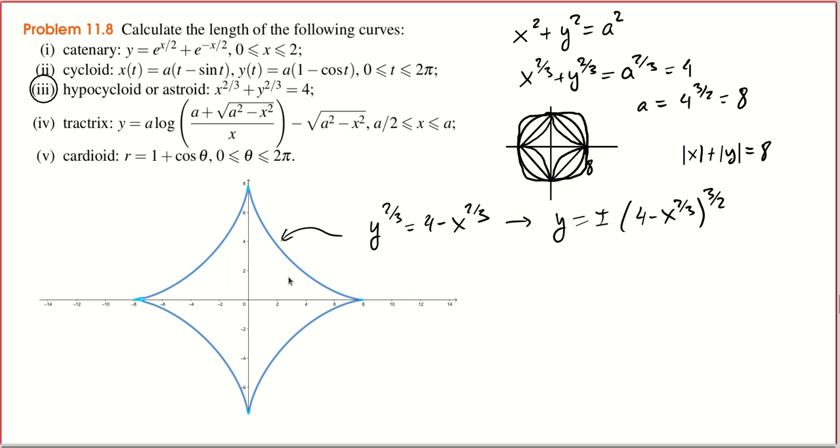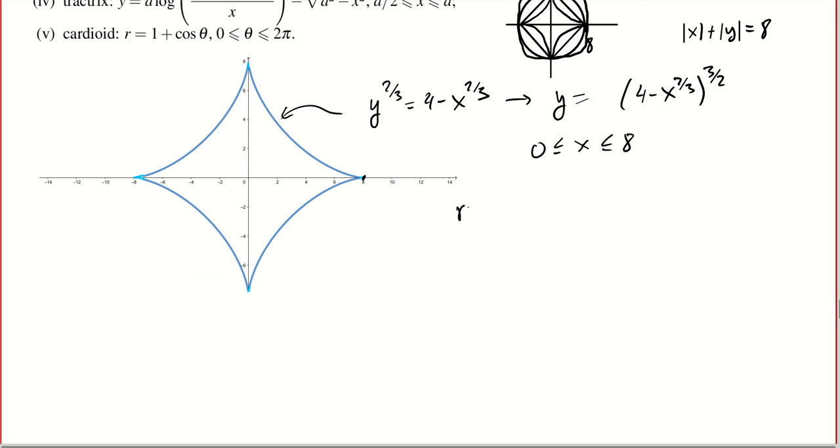Plus or minus corresponds to these two curves, but since we're considering just this one, we can pick the plus sign. And x, of course, goes from 0 to 8, right? When x is equal to 8, then this is equal to 4, and this is 0, which is exactly this point here.